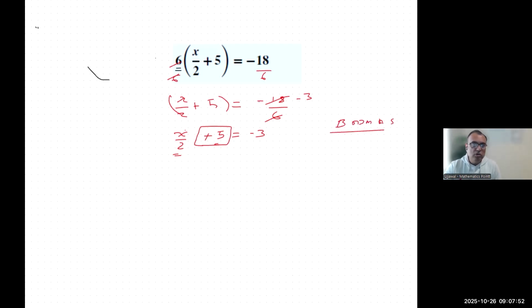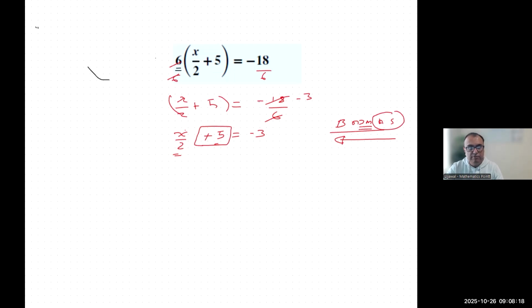Now, in order to solve linear equations, the best way is to follow the BODMAS in the reverse order when you're solving the linear equation. So that means you can get rid of the addition and subtraction first, and then division and multiplication, right?